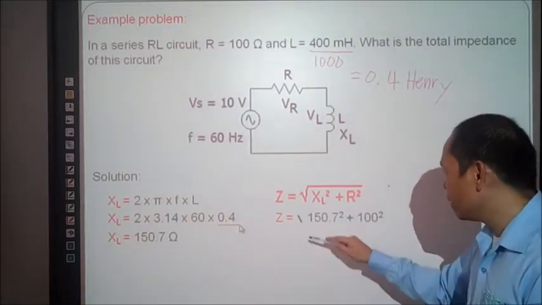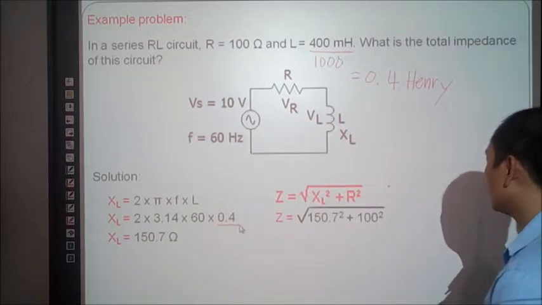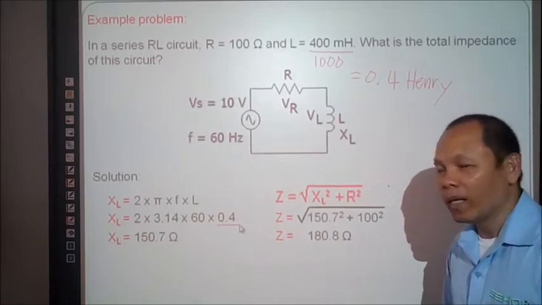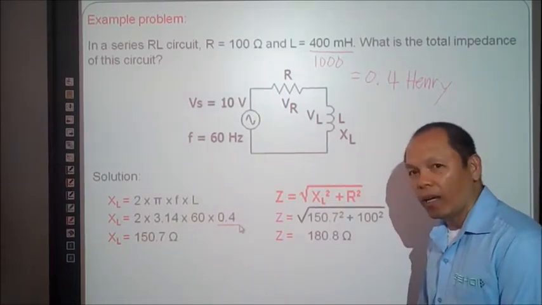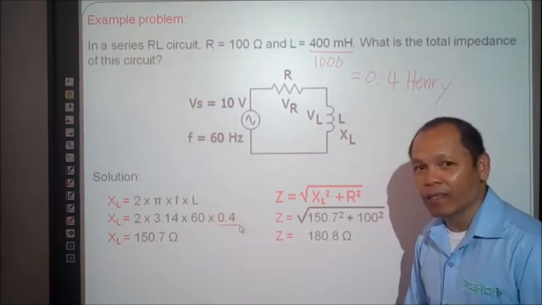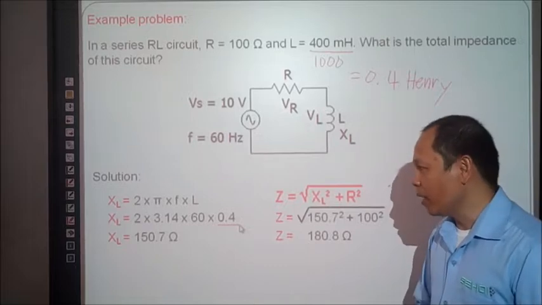What is the square root of this? Okay, so your impedance now will be equal to 180.8 ohms. So this is how you compute the impedance of the series RL circuit.